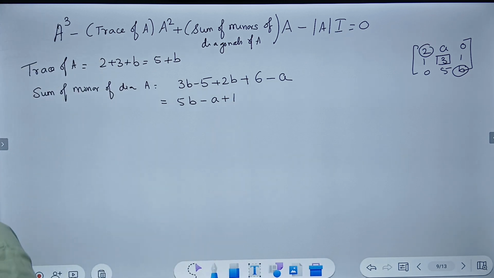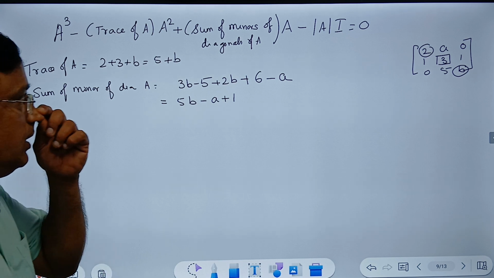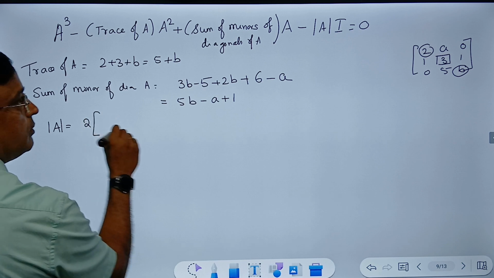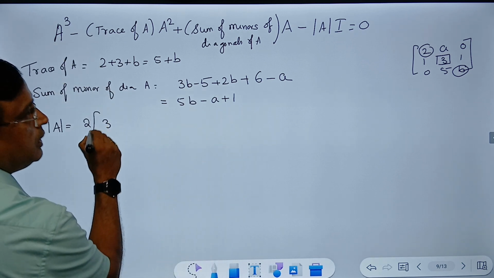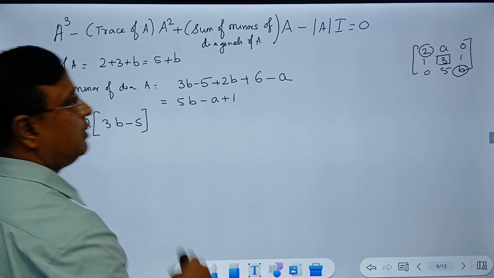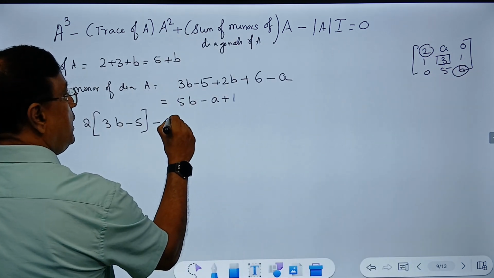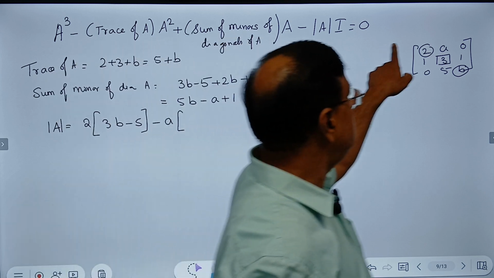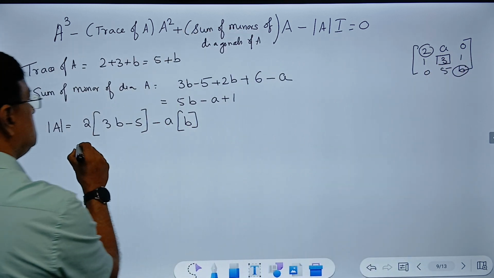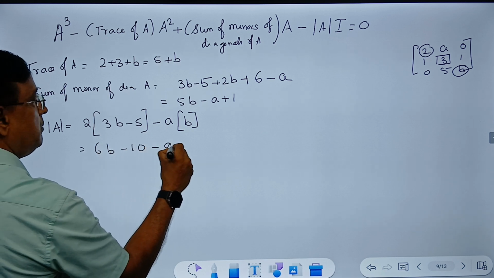Okay. Now you find the determinant of A. Determinant of A will be 2 into 3b minus 5, minus a into, what is minus a into? 1 into b. That's it. So it will be 6b minus 10 minus ab.